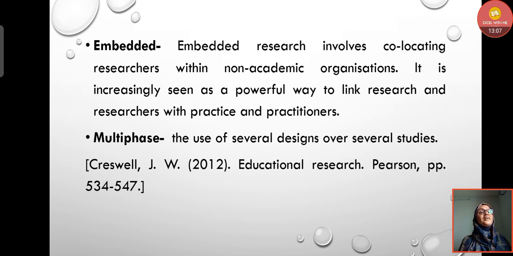The research and researchers with practice and practitioners come together here. Then multi-phase, the use of several designs over several studies. This is the multi-phase research method.